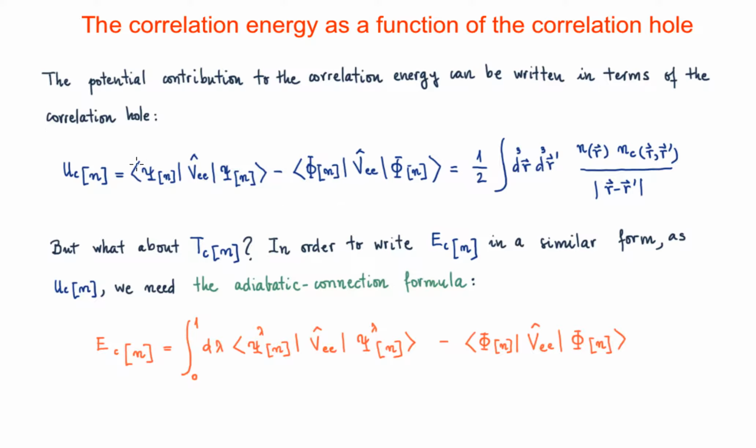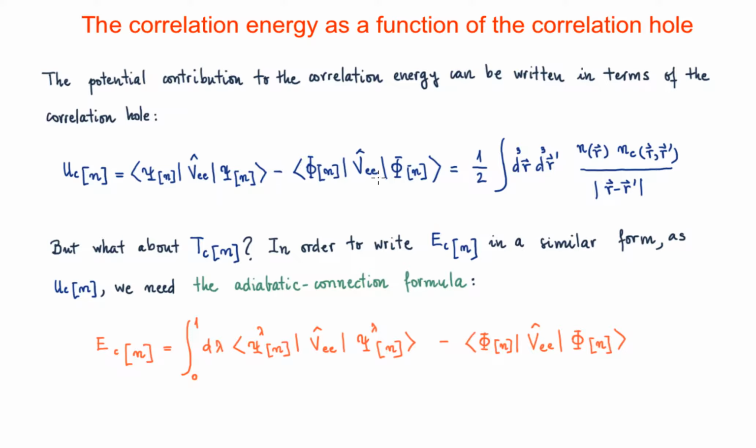When writing that one in terms of the reduced pair density, we can write the reduced pair density in terms of the density. The remaining part, which is not included in the Hartree and the exchange contribution, is therefore the correlation hole contribution.